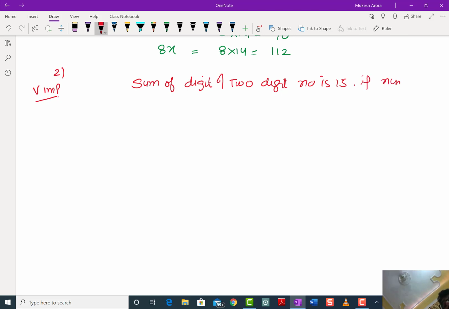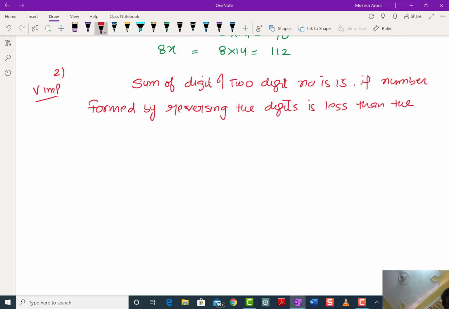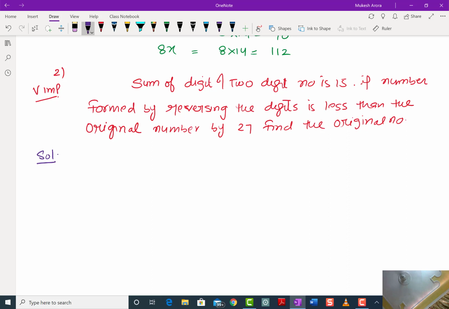If the number formed by reversing the digits is less than the original number by 27, find the original number. Very simple.